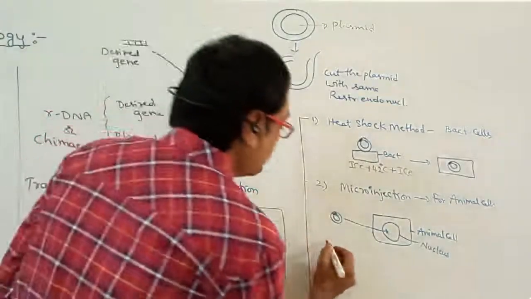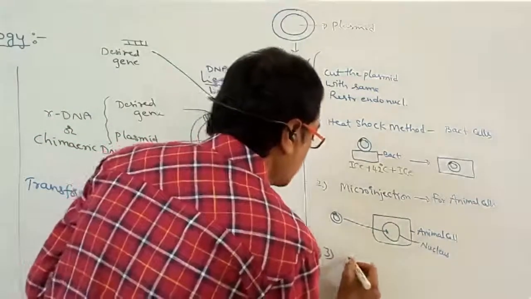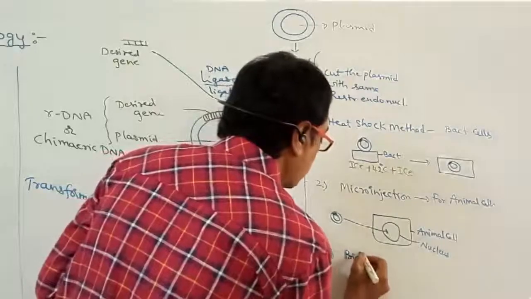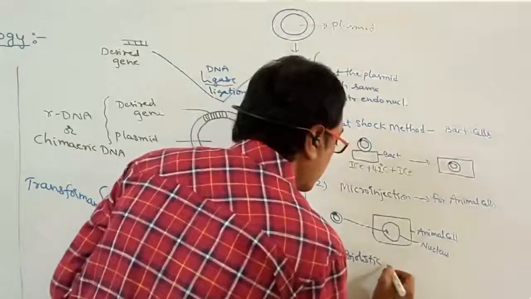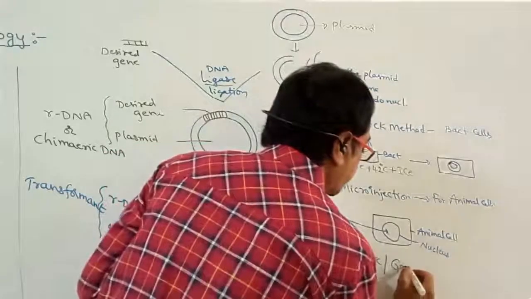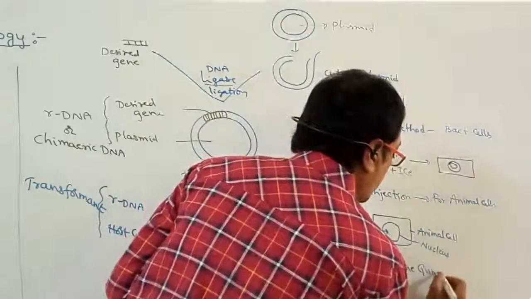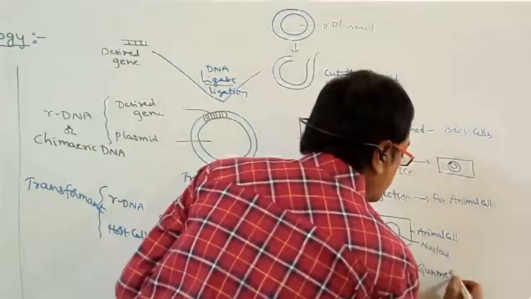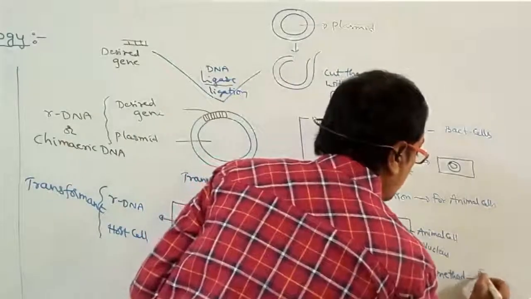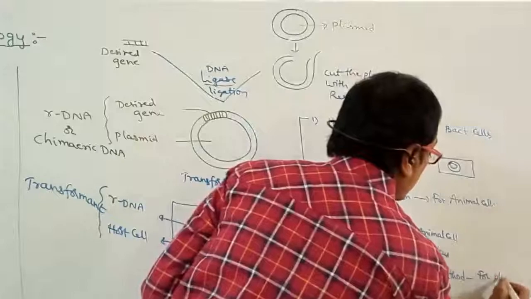And the third method is called biolistic or gene gun method. This can be applicable for plant cells.